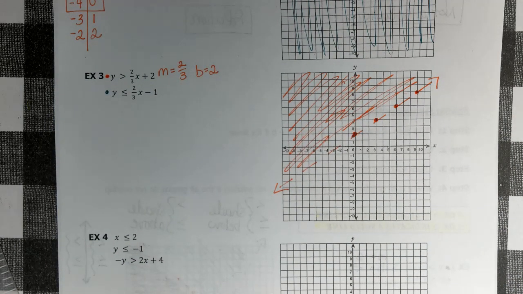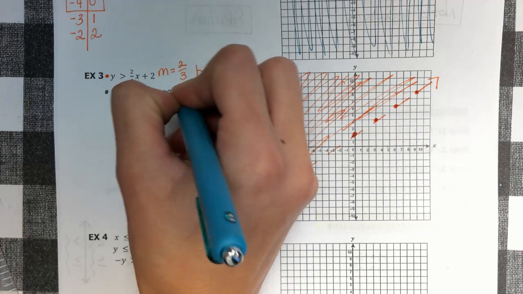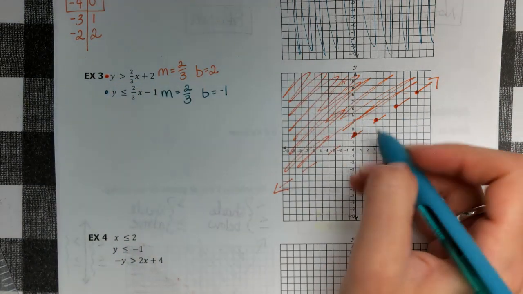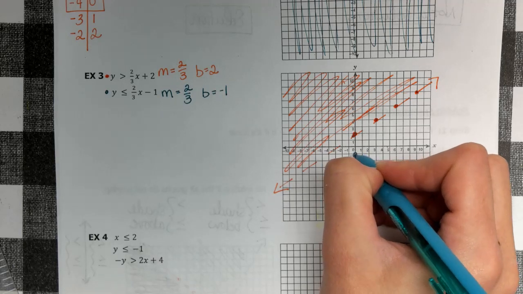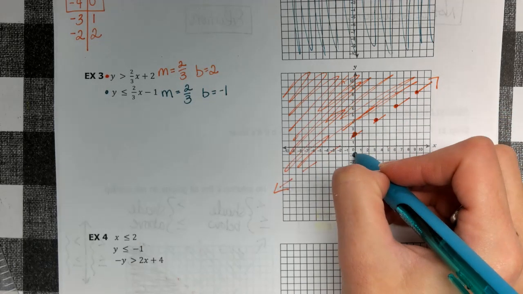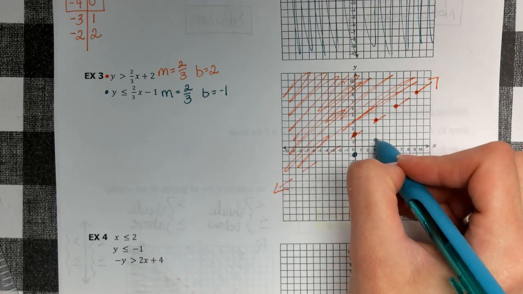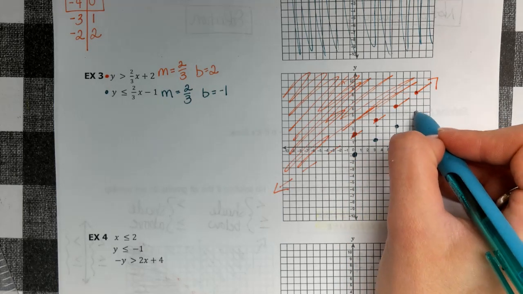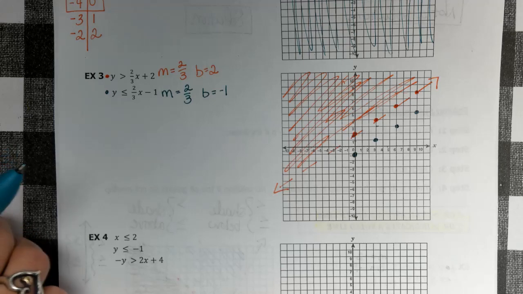Then y is less than or equal to 2/3 x minus 1. So slope is 2/3, y-intercept is -1. Go up 2 to the right 3. Dashed or solid?